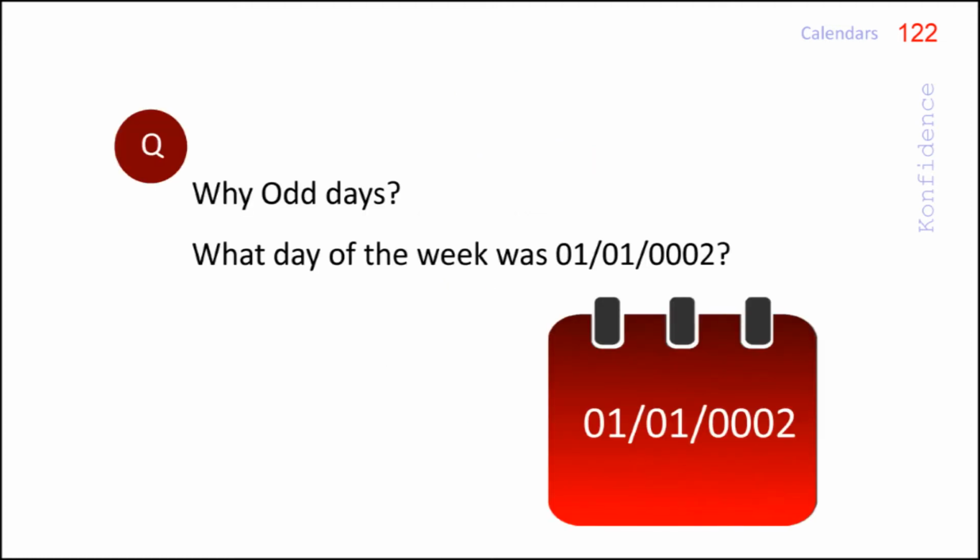Why do we need to calculate odd days? Clue? Can we find out what day of the week was 1st of January, year 0002? So, in a month, there will be how many odd days? We cannot generalize. It will depend on the month, is it not?